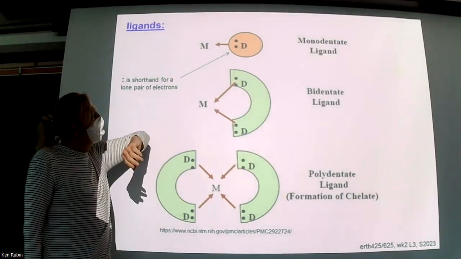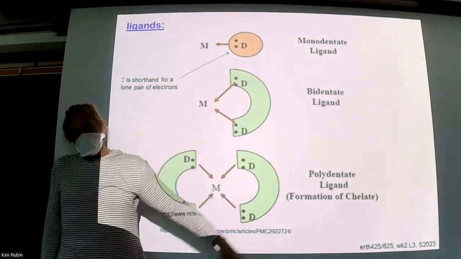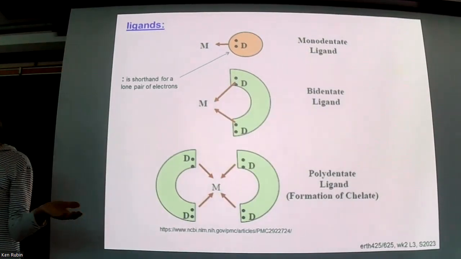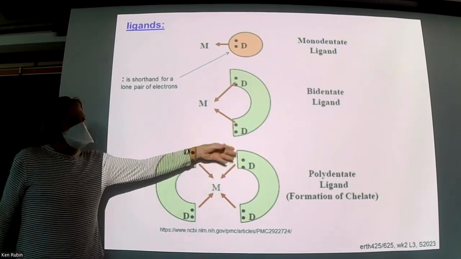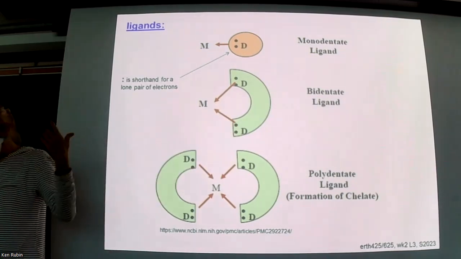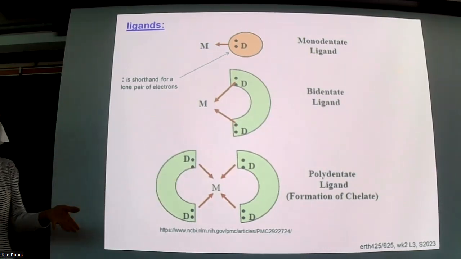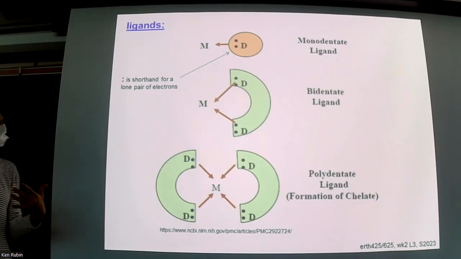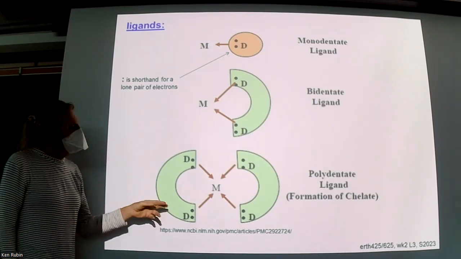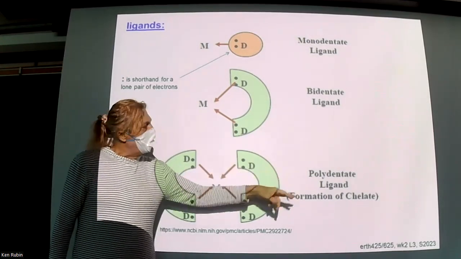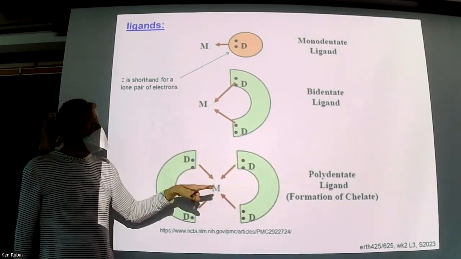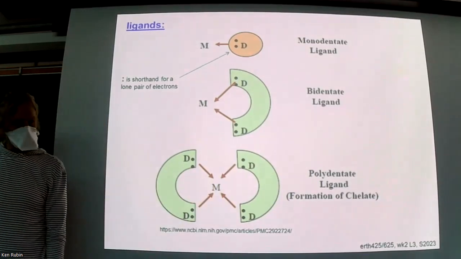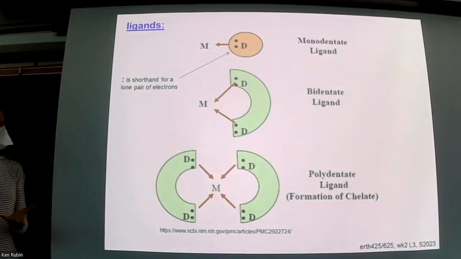We can also have what we call bidentate ligands, ligands that happen to have 2 electron pairs that can be donated. And we can have tridentate and polydentate. We'll see that natural dissolved organic matter is typically polydentate. Now, if we take a polydentate ligand and donate multiple pairs of electrons to the Lewis acid, we make something called a chelate.